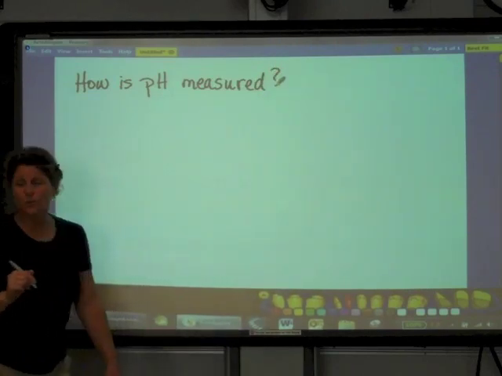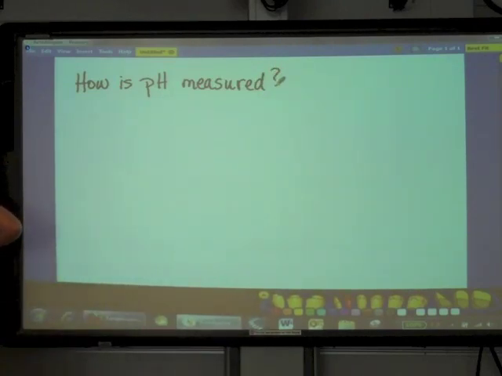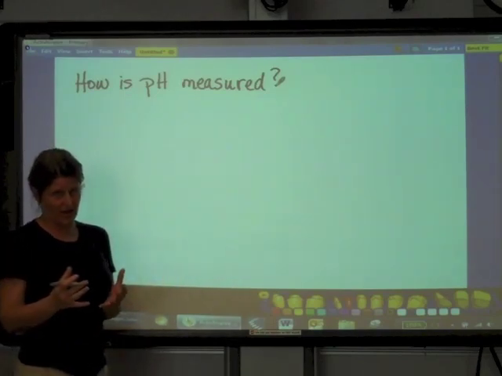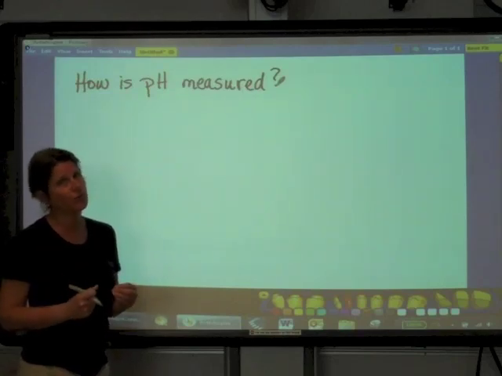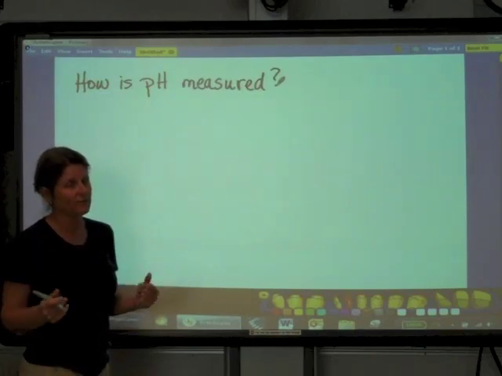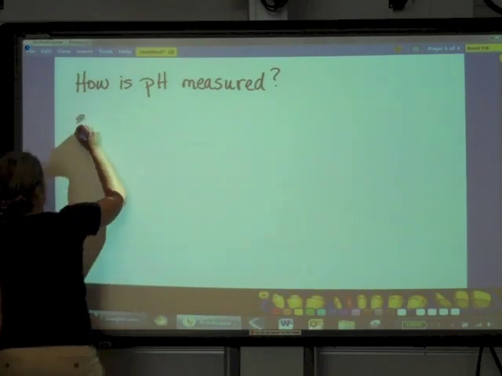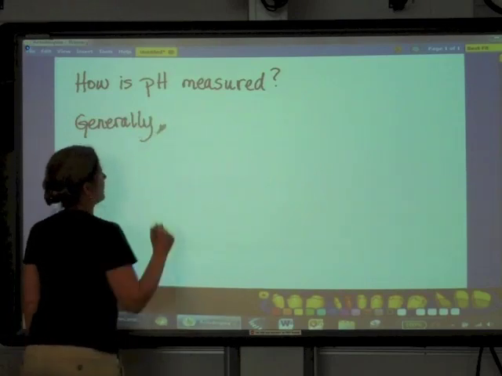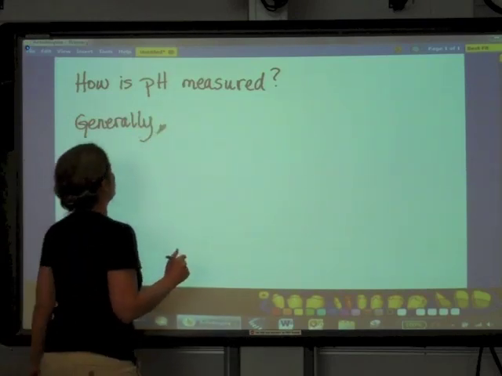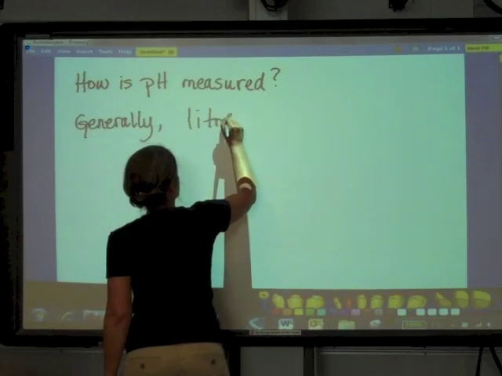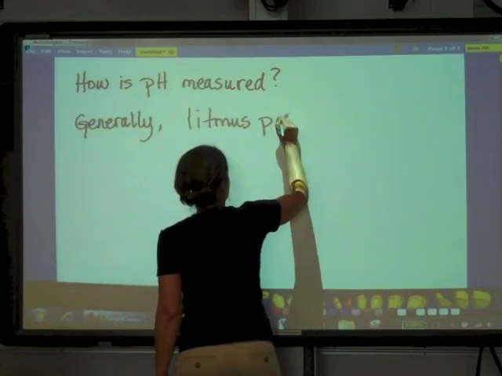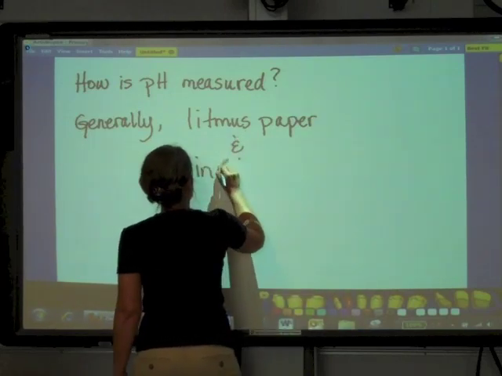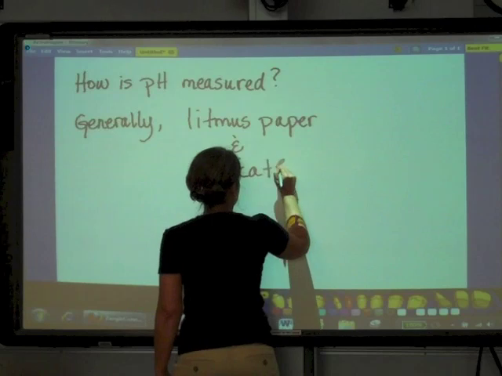There's a few different ways that we can do it. If we want to do it in kind of a general fashion, not to the 100th place in terms of decimal places, with a little bit greater of a source of error, we use litmus paper and chemical indicators.